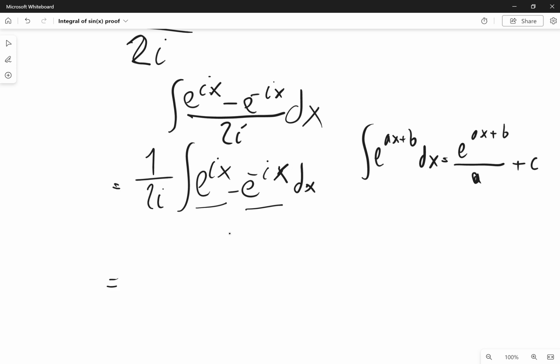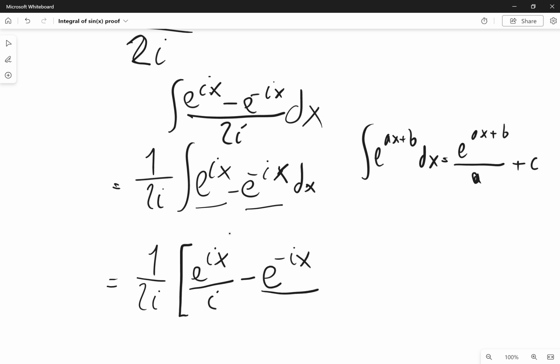So we end up with 1 over 2i times the integral of e to the ix, which will be e to the ix divided by the derivative of ix, which is just i, minus e to the negative ix divided by the derivative of negative ix, which is again negative i. But instead, let's just write that down as positive e to the negative ix.